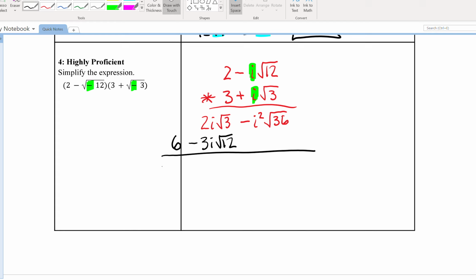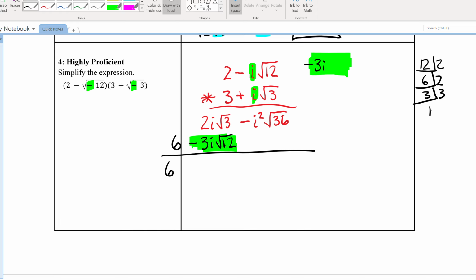I'm going to take all of these over here. Here's 6. The square root of 12. So I'm going to take this one right here and simplify it to the side. So negative 3i, and then I'm going to simplify that square root of 12. 12 is the same as 2 times 6, 2 times 3, and then 3 is prime.